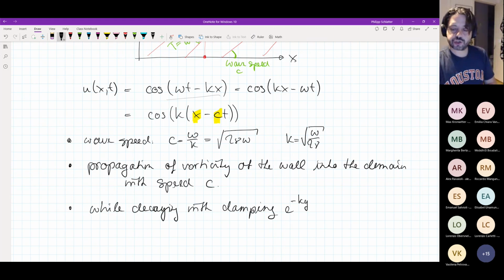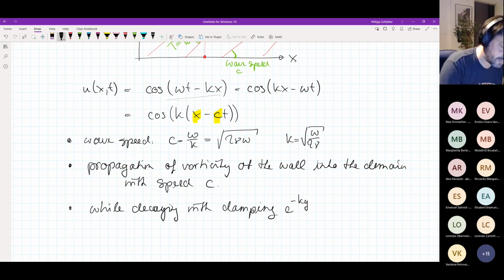So that's now our solution. We generate vorticity at the wall. This vorticity is propagating with a certain speed into the domain. And while it's doing so, it is decaying with a certain damping term.